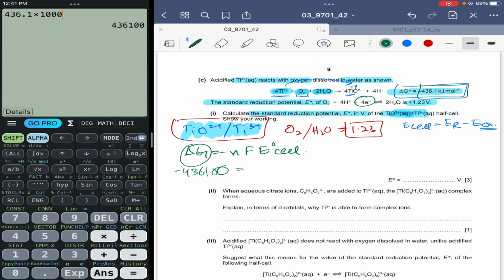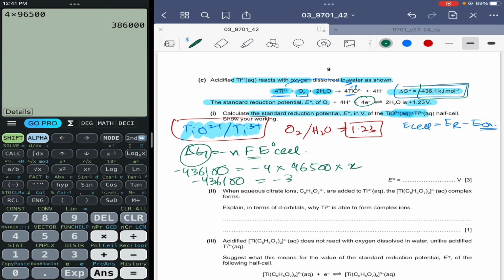So the value of n is 4, and F is Faraday's constant. Its value is fixed, 96,500, and E naught cell is what we have to find out. So 4 into 96,500 is 386,000.